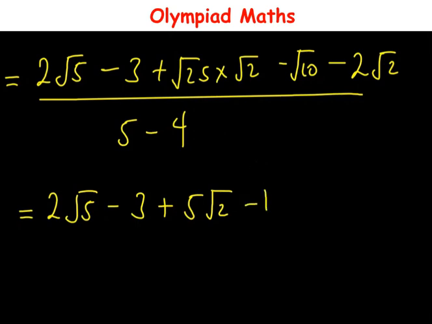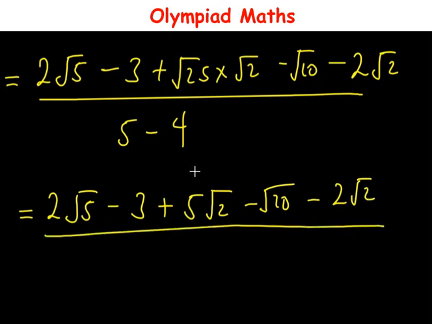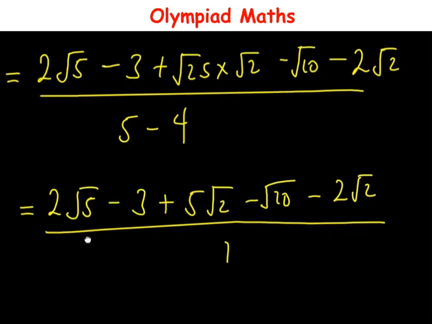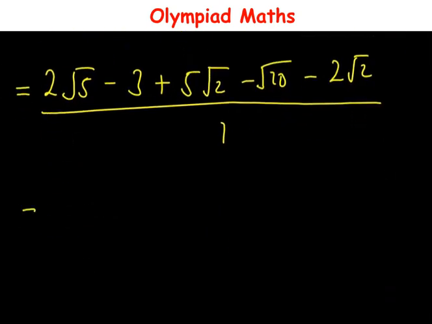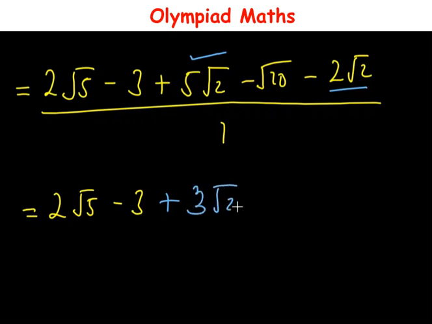Then we have minus root 10 minus 2 root 2, divided by 5 minus 4, which is 1. So from here this is equal to 2 root 5 minus 3, plus 5 root 2 and minus 2 root 2. This will give us a value equal to plus 3 root 2.